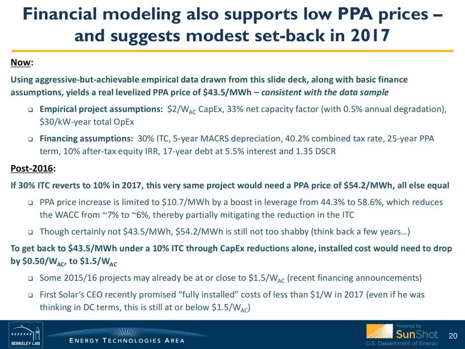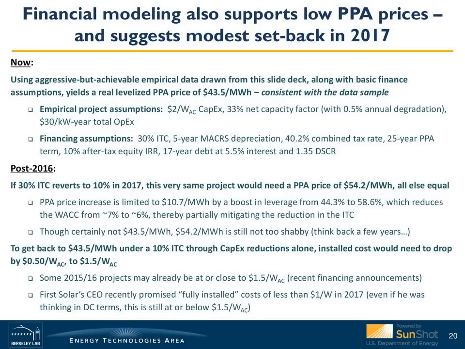Moreover, some of the gap can be closed or overcome through ongoing improvements in cost and performance. For example, to get all the way back to a $43.50 number under a 10% ITC through CapEx reductions alone, installed costs would need to drop by about 50 cents per watt AC to around $1.50 per watt.